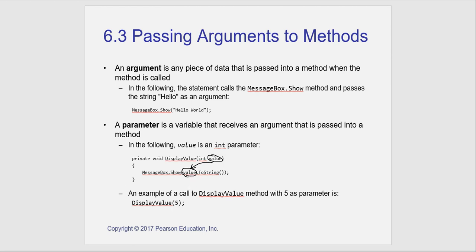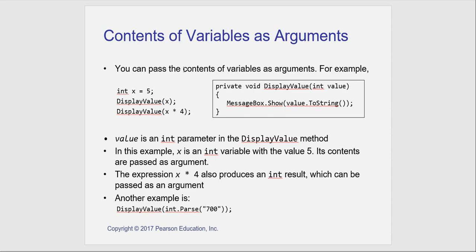All right, so how does that look? Here's an example of how we could pass an integer value into there. If this is your code, we've declared a variable called x, and it's an integer, and we initialized it to 5, and then we activate a method here called DisplayValue, passing x. What that's going to do is call this void method.